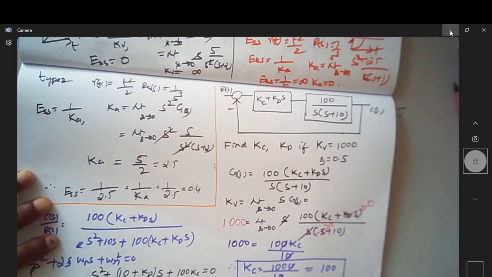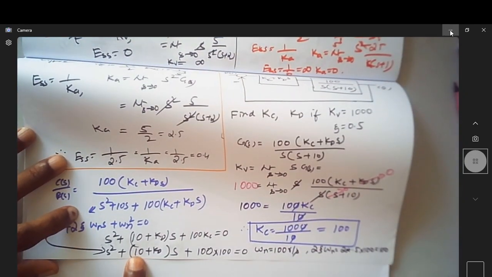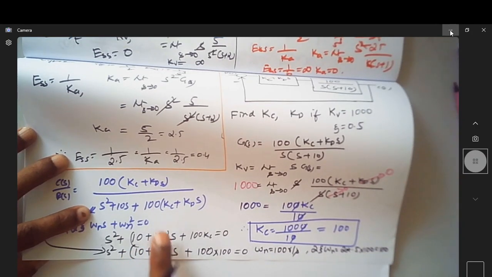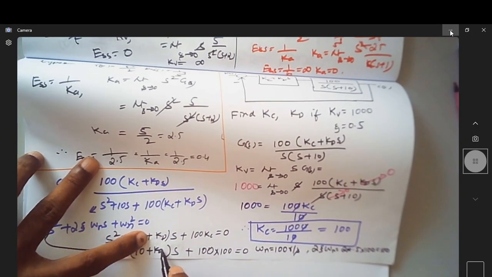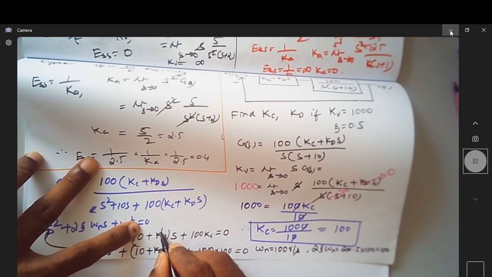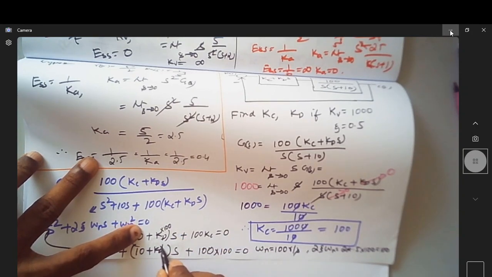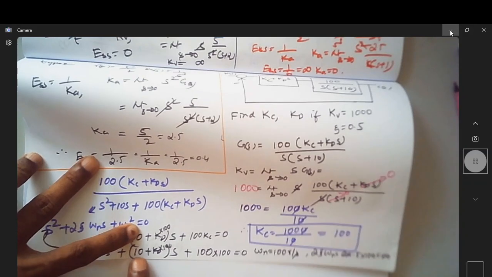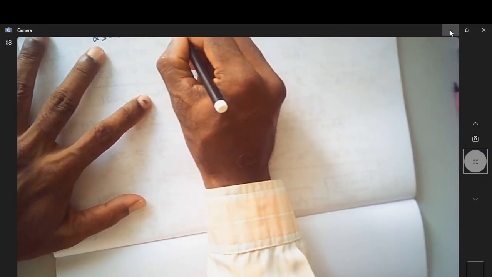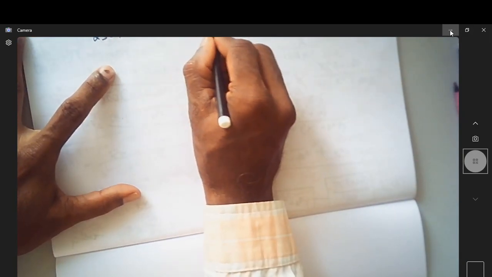No, wait, this is actually 100 Kd, because that 100 needs to be multiplied to this. So now this is 10 plus 100 Kd, and this is equal to 100.